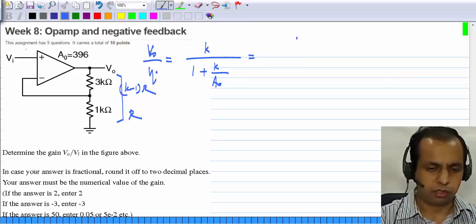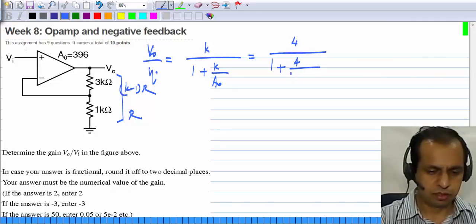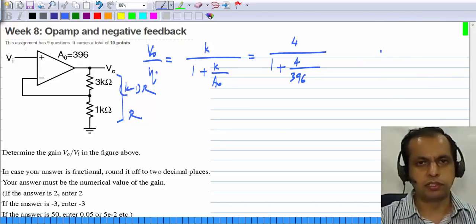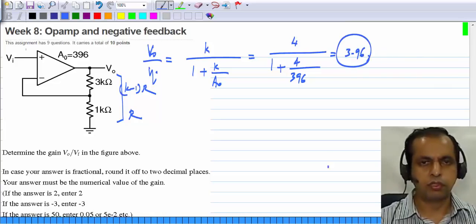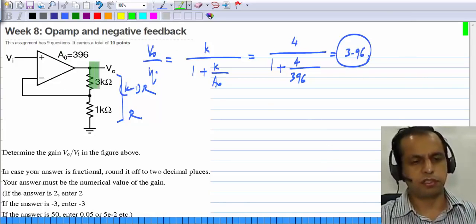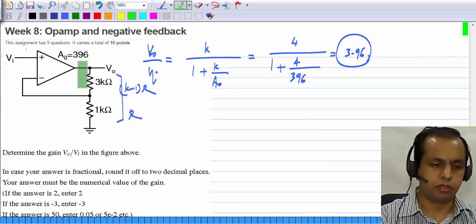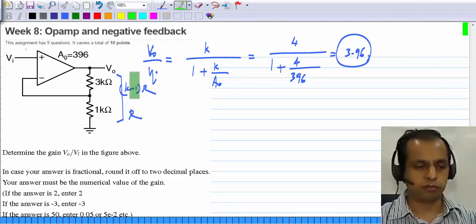With the values given to us, it's 4 divided by 1 plus 4 by 396, which gives you 3.96. So it's just to see the effect of finite gain of the op-amp on the gain of the closed loop amplifier.